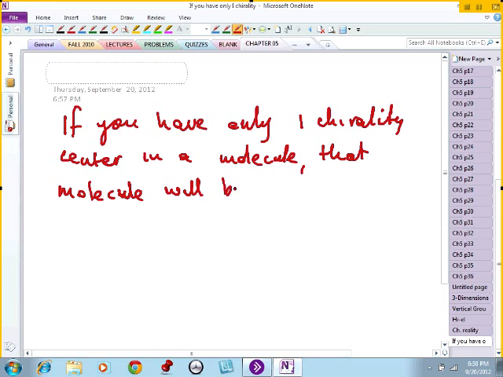That molecule will be an enantiomer of its mirror image.